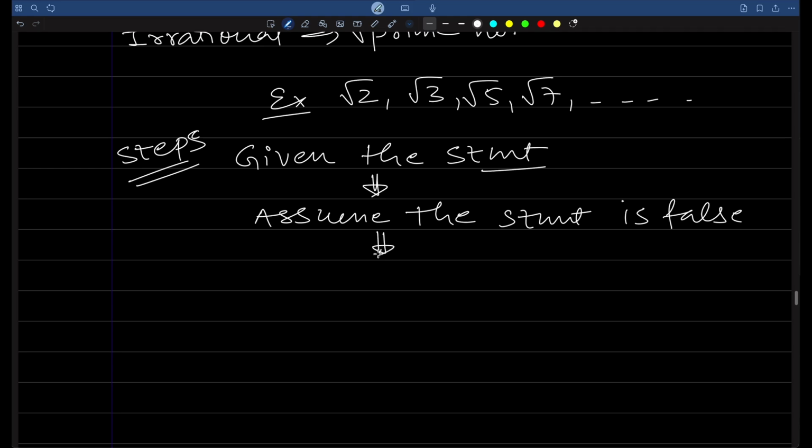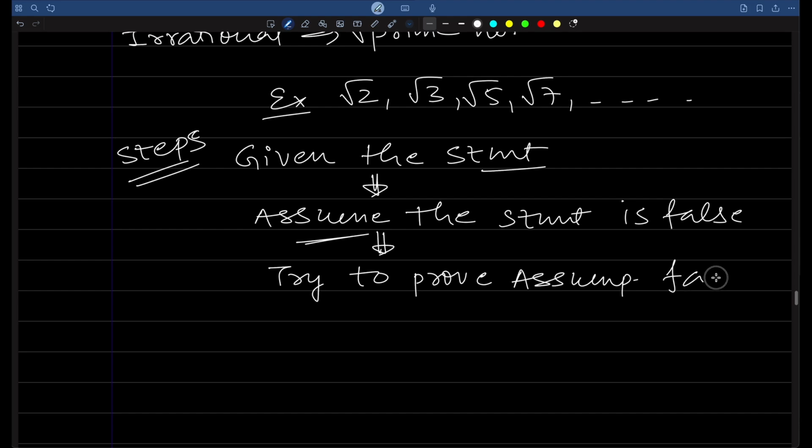Then we will try to prove the assumption false, and hence the given statement, that is 1 by root 2, is true.